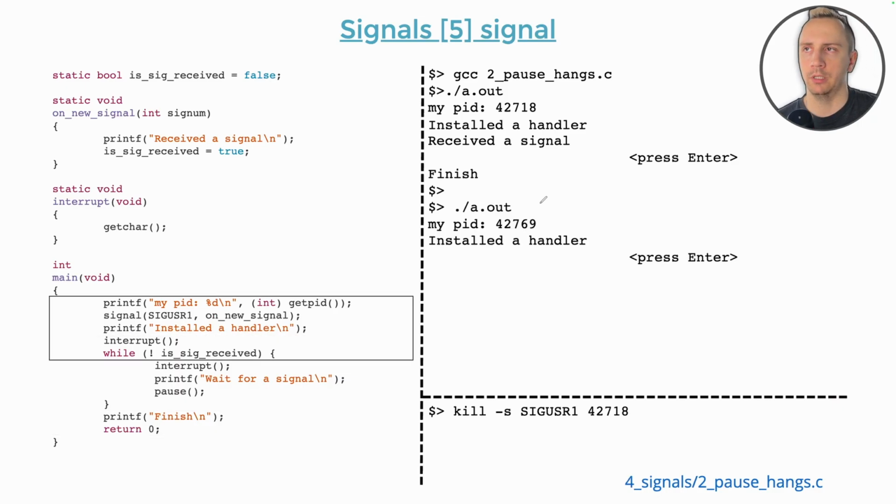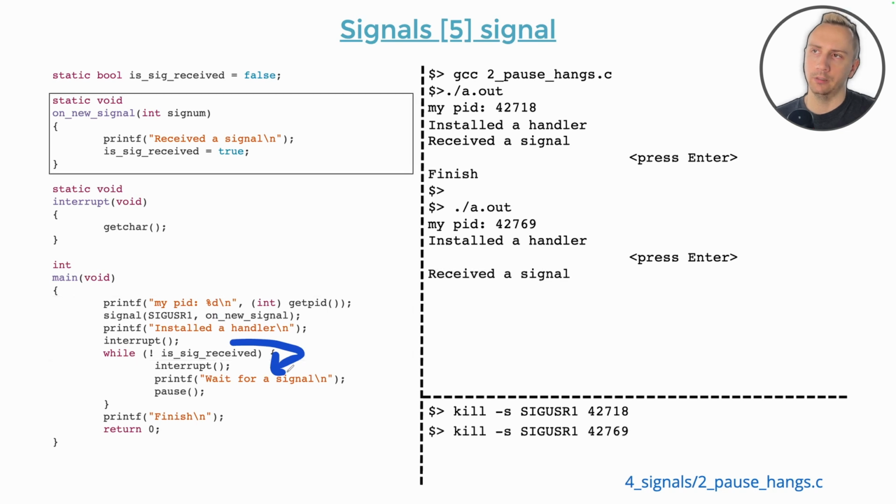Another case of how it can work. I start this program again. I see that the handler is installed. I press enter. I am in the loop right now, before waiting for the signal has started. Then I send the signal. It is received. You see?